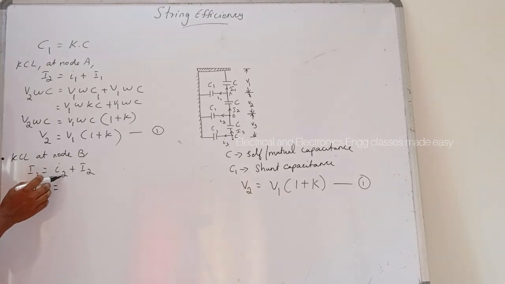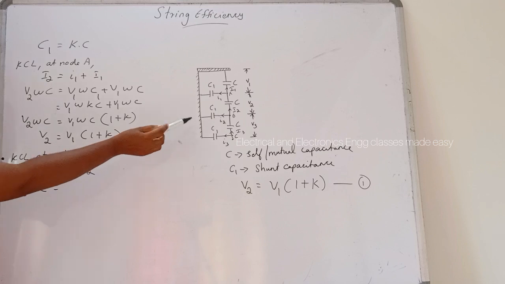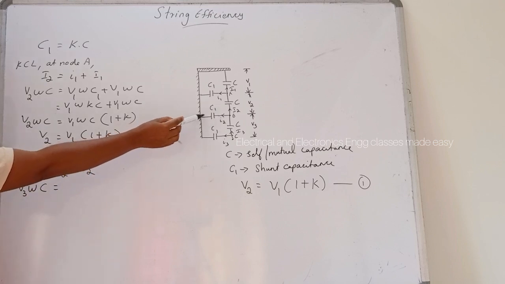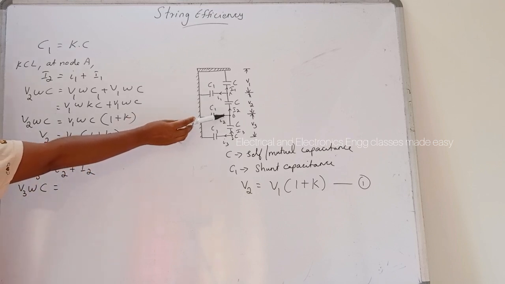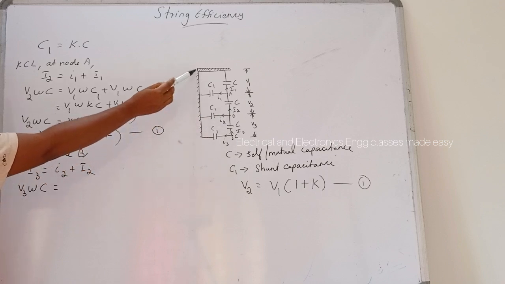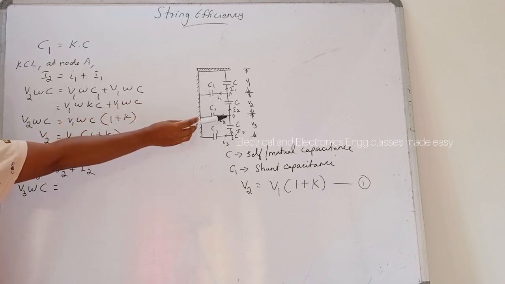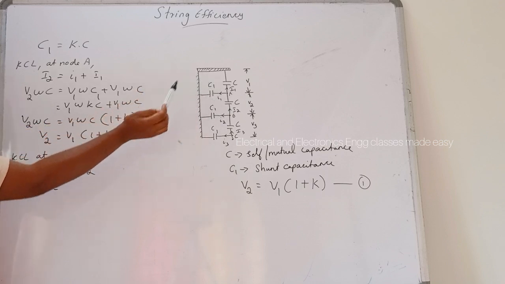So here what is I2? This is I2, and this I2 is equal to the voltage across this point and this point, so it is the sum of V1 and V2.